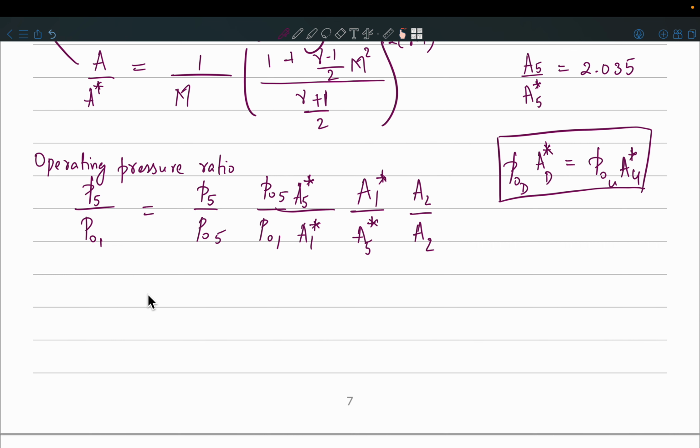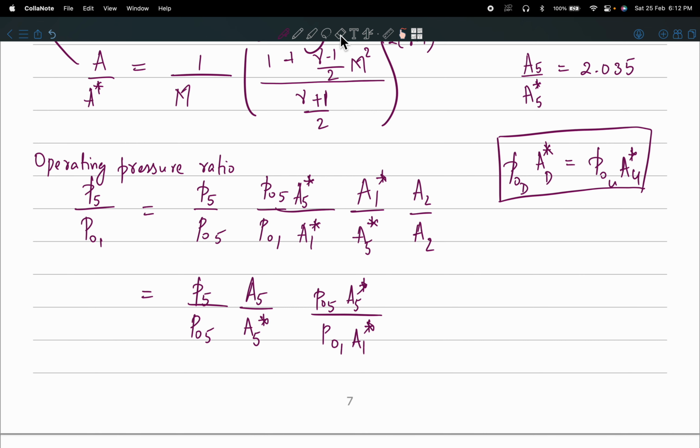Okay, so if I just rearrange this and write once, so I can say P5 by P05 multiplied to A5 by A5 star, and that multiplied to P05 A5 star by P01 A1 star.